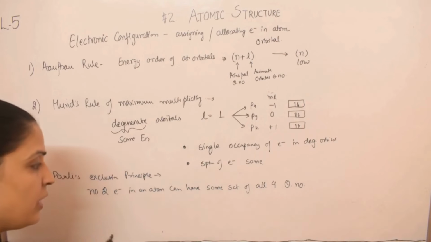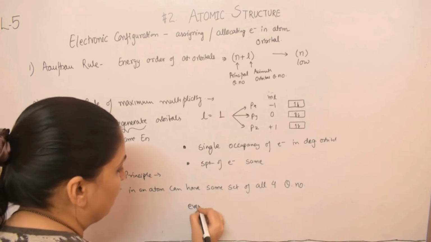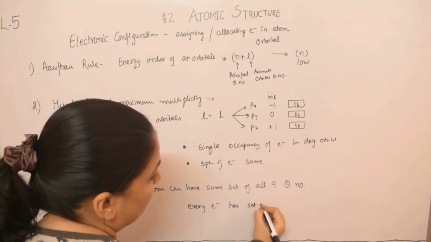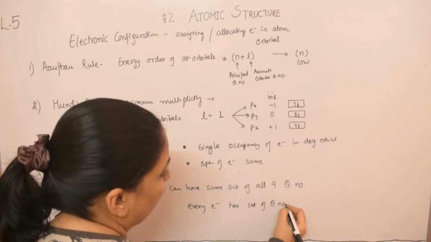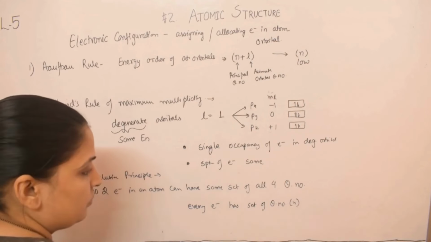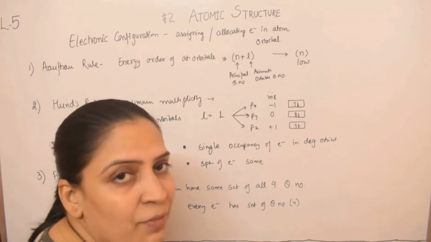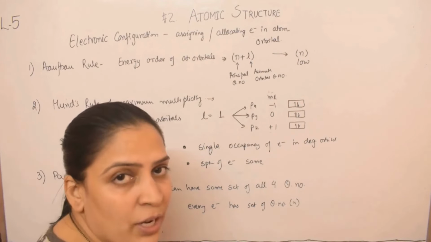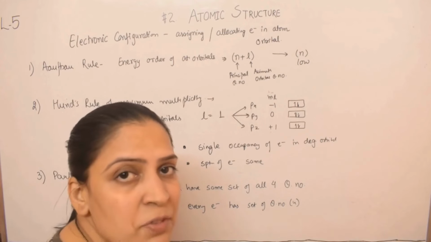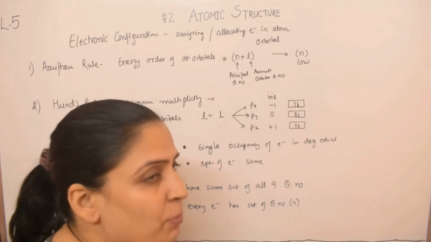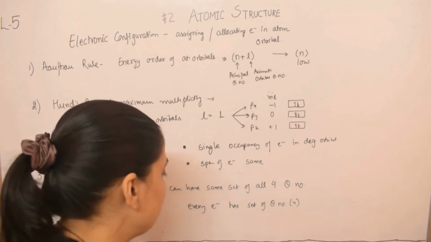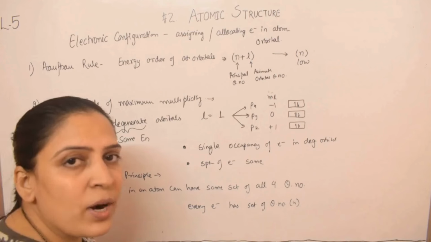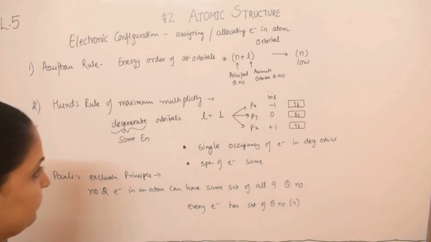This means that every electron has a set of quantum numbers, all 4. So no 2 electrons can have the same address basically, because these quantum numbers signify the address of an electron. No 2 electrons can have the same address. So they are separately present within an atom. That's why they have different quantum numbers. So at least one quantum number is going to be different.